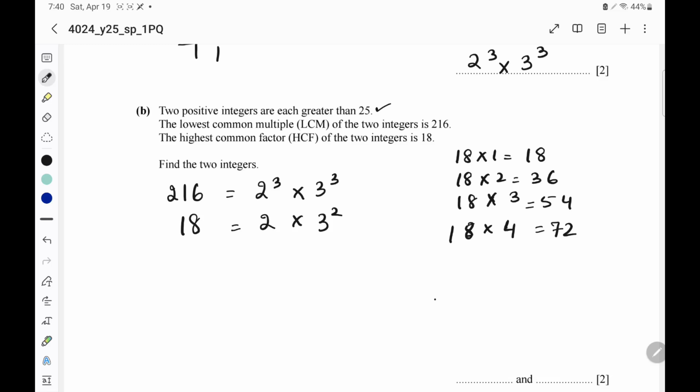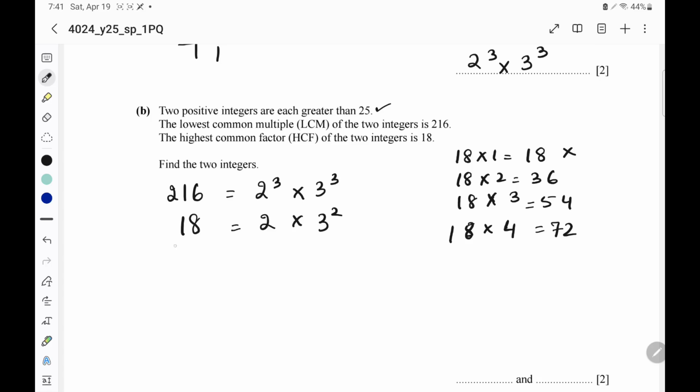Let's try these numbers. Let's check 18 times 4: 4 8s are 32, 4 4s are 5, 6, 7. Yes, 18 times 4 is 72. We cannot take 18 because it's not more than 25. We are trying 36, 54, and 72.